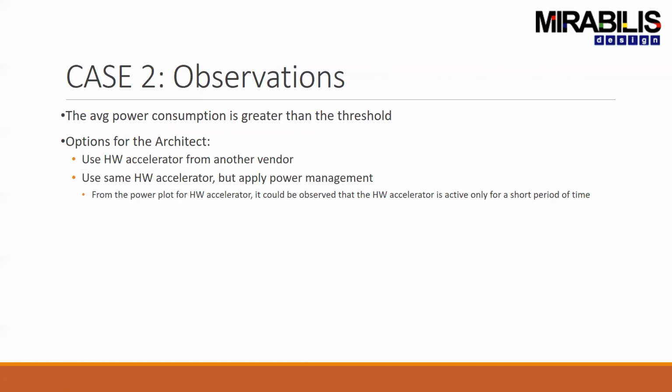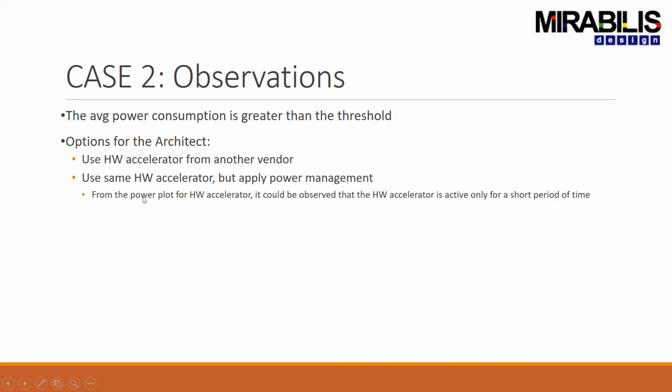Some of the options for the architect at this point in time is to use a hardware accelerator from another vendor. It could be possible that because we are using a certain hardware accelerator from this specific vendor, the power consumption was much higher. Or the other option is to use the same hardware accelerator, but apply power management.